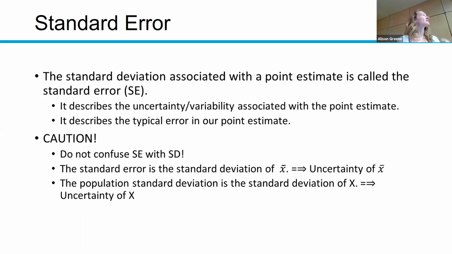Now, the standard error is the variability in your estimate of that sample mean. So how right or wrong are you on average in that estimate? So the standard error and the standard deviation are different things. The standard error is the standard deviation of your sample mean, whereas the standard deviation is the variability of your true mean.